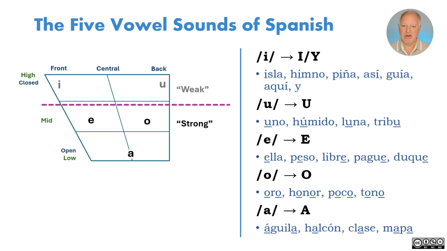Okay, and then finally, the low vowel written as the letter A is A. So it's central, but it's low. A. Águila. Notice the two A's in that word. Halcón, silent H. Clase. Mapa.